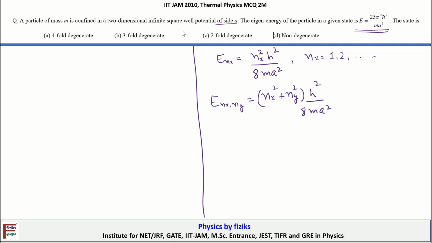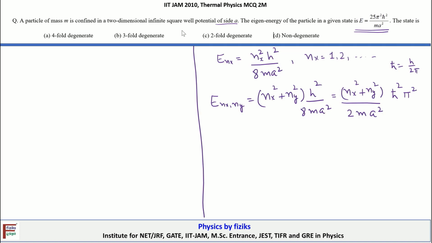This can be rewritten in the form given in the question: (n x square plus n y square) upon 2m a square, times h cut square pi square, where we have taken h cut equal to h upon 2 pi. This result can be easily obtained after rearranging all the terms.